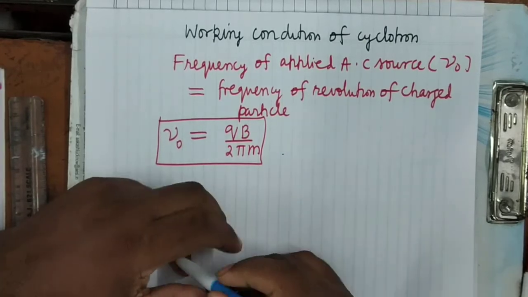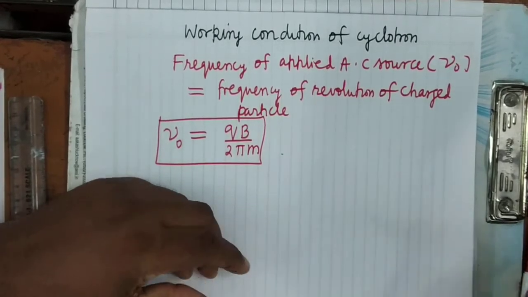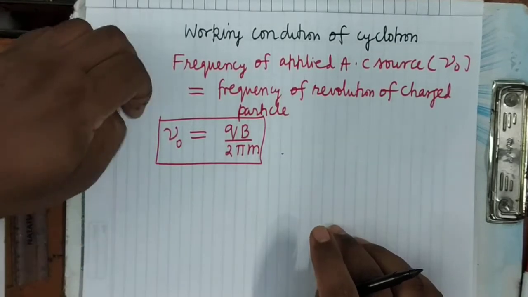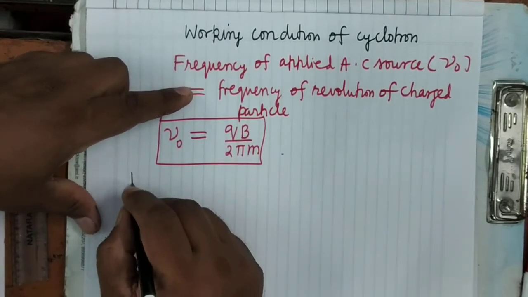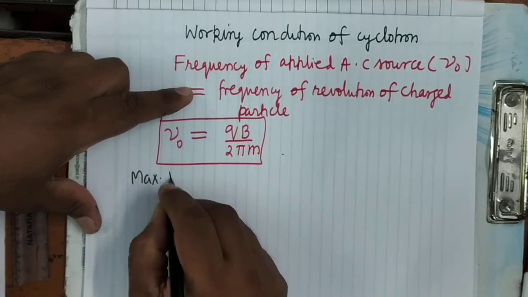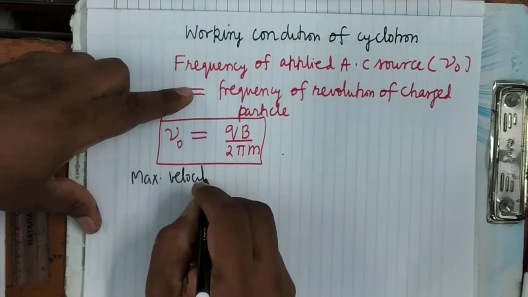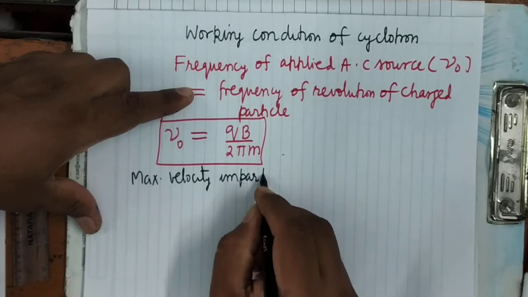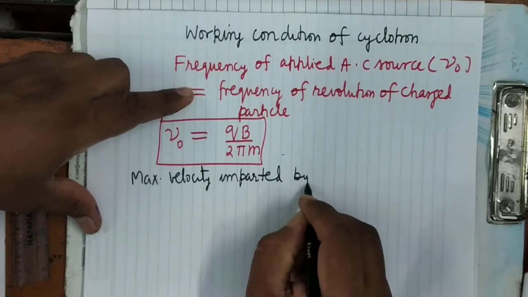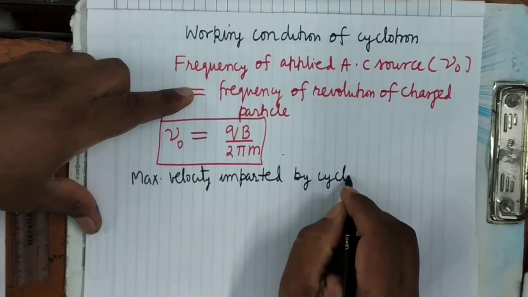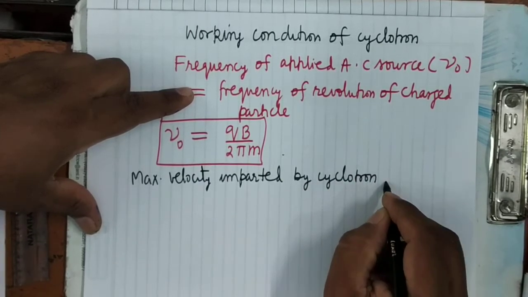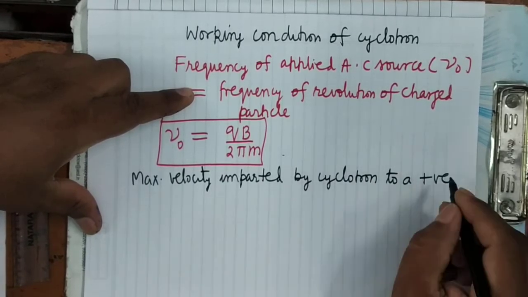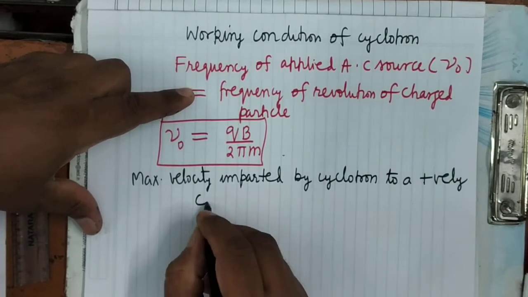What is the maximum velocity imparted by the cyclotron to a positively charged particle?